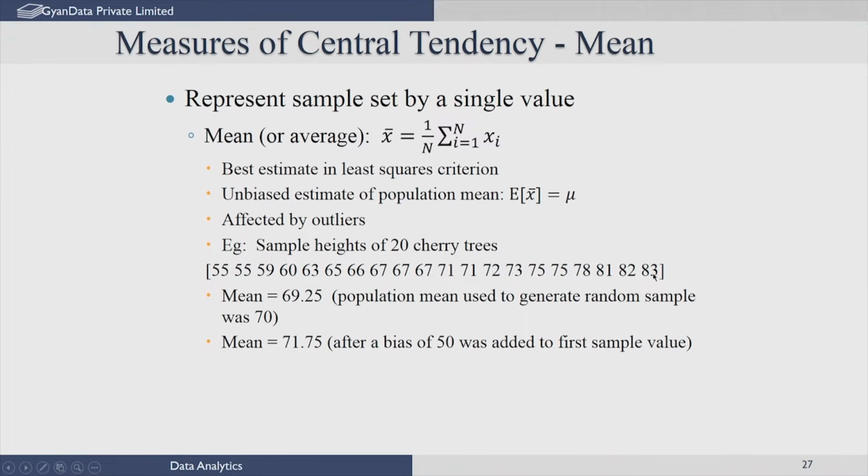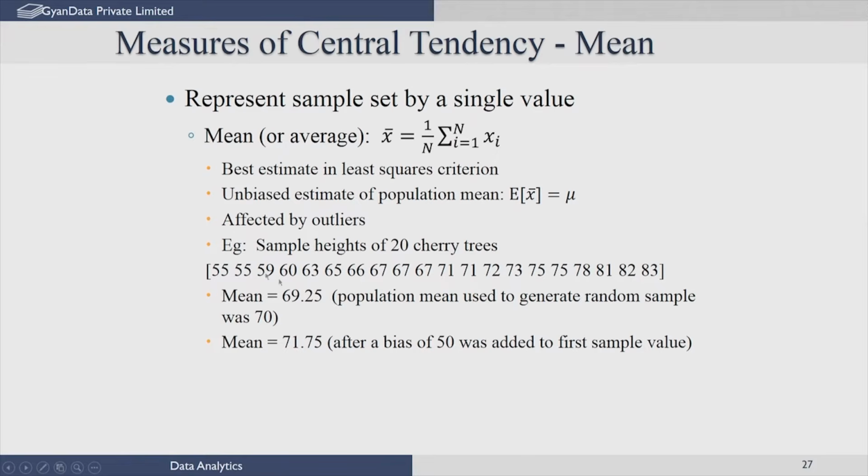You can use rnorm in R in order to generate such data points. Now if you take this sample of 20 points and compute the mean, you get a value of 69.25, which is very close to the population mean. So you see that it is a good estimate of the population mean, even though you did not know what that value was until I told you.